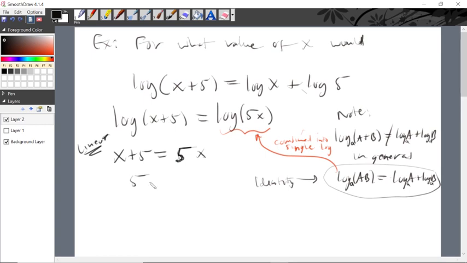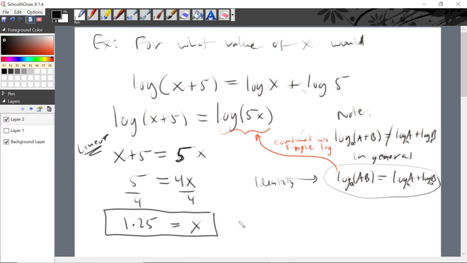Subtract x from both sides, we get 5 is equal to 4x. Divide by 4, we get 5/4 is equal to x. 5/4 or 1.25 if we want to write it as a decimal. Fine, either way. So we found the one value of x such that this logarithmic equation would be true.